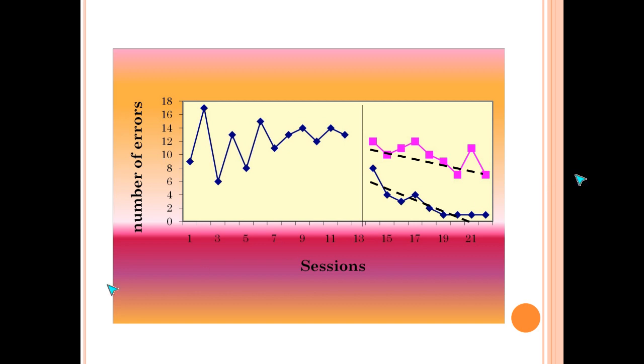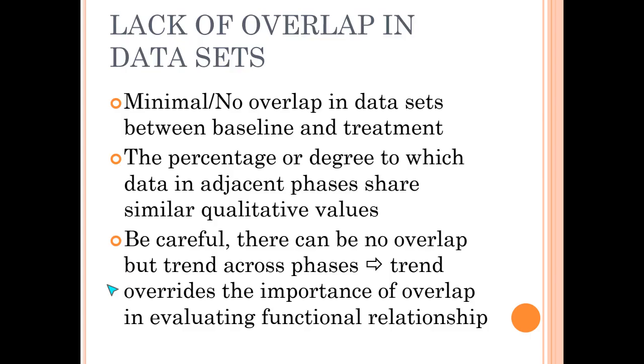So then the next criterion: in an ideal scenario, we do not want to see a lot of overlap in the data between different phases. If you go from baseline to treatment, the overlap between that data should be minimal. And you can express that as a percentage or a degree to which data in adjacent phases share similar quantitative values.